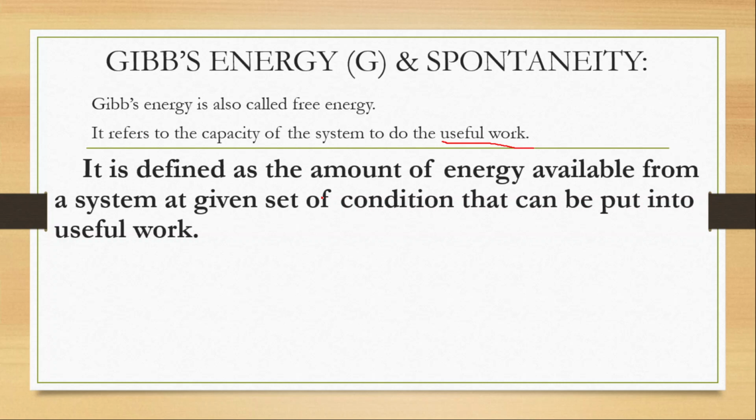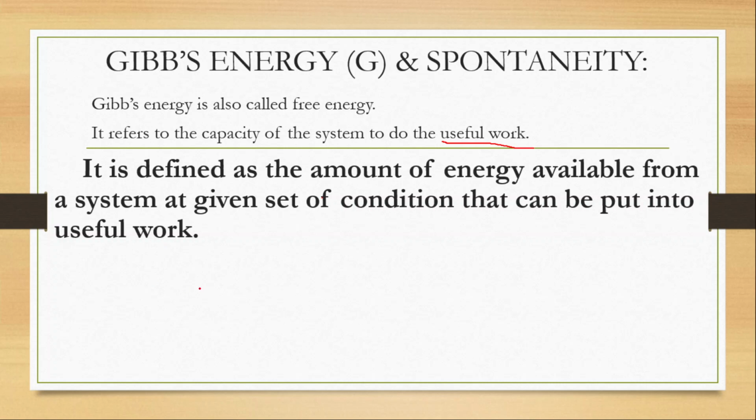Even though the system might have thousands of kilojoules of energy in it, how much of that energy is being utilized as useful work? That idea is given by Gibbs energy or Gibbs free energy. Clear? So Gibbs energy tells us about the amount of useful work done.